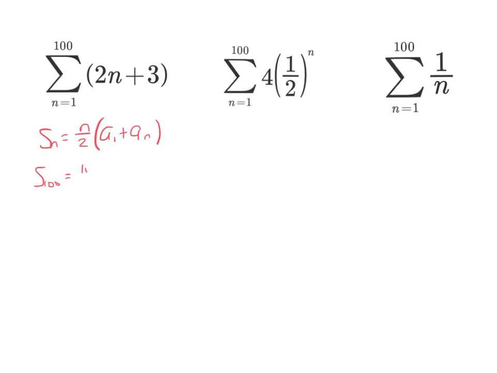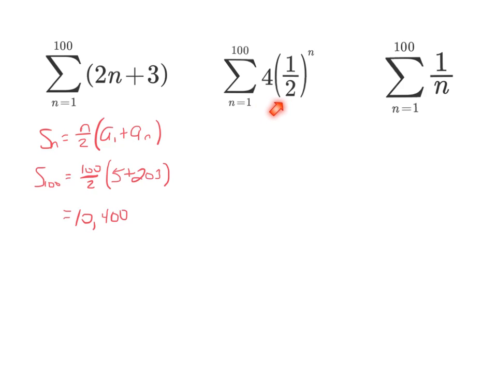We're adding 100 terms. The first term, we substitute 1, we get 2 plus 3, which is 5. And the nth term, we substitute 100, we get 203. And that turns out to be 10,400.